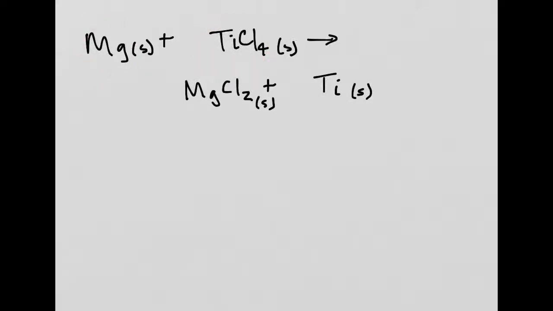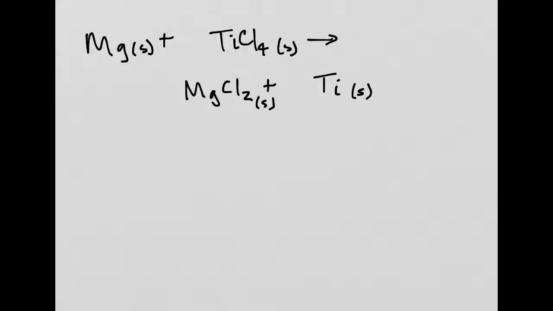No charge on elemental magnesium. Down here, magnesium, because it's an alkaline earth metal, has a charge of +2. And since the chloride ion is -1, you need 2 chloride ions for every 1 magnesium cation. And titanium will not have a charge because it's in its elemental form.